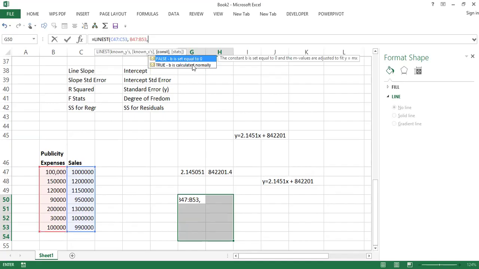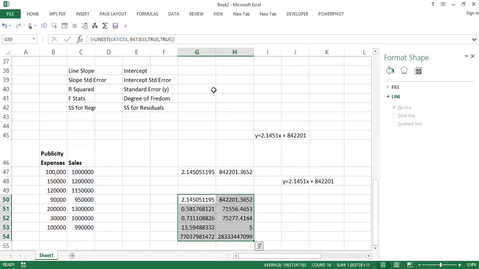We can take true here. We want b to be calculated normally. What is b? b is this intercept, this 842 whatever. We want it calculated normally, then comma, return additional regression statistics. You hold down Shift Control Enter.